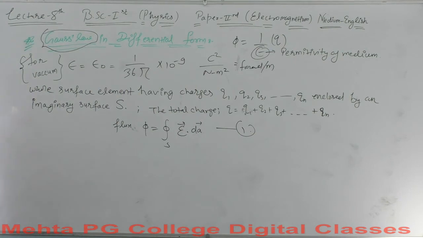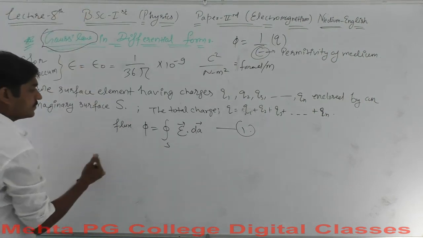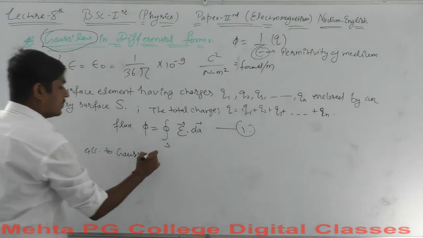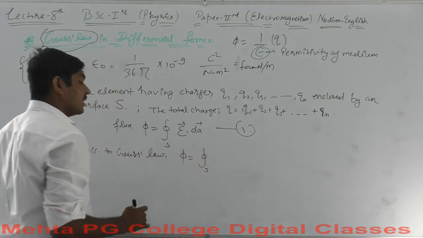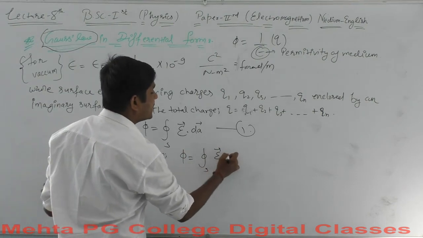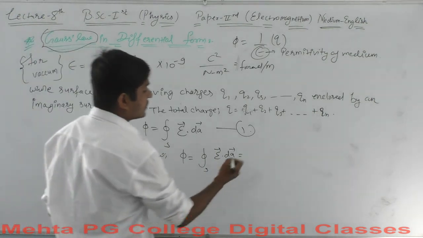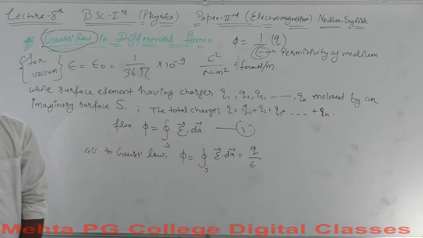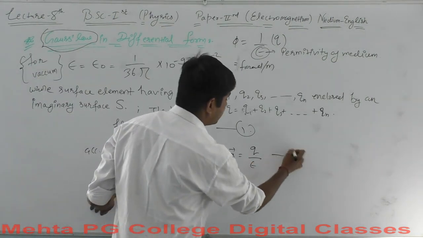But according to Gauss's law, phi is equal to the closed surface integral of E dot dA, which equals the whole Q over epsilon. This is equation 2.